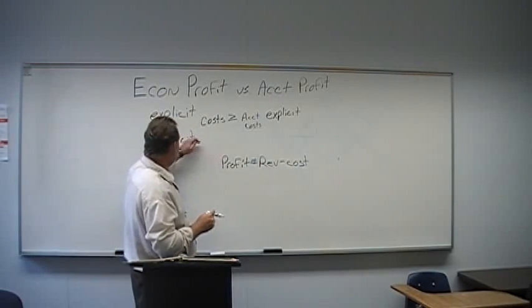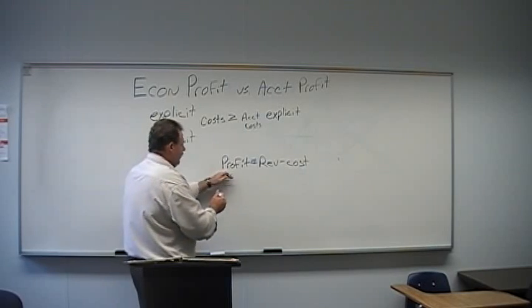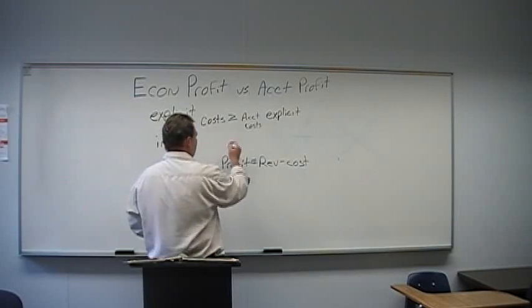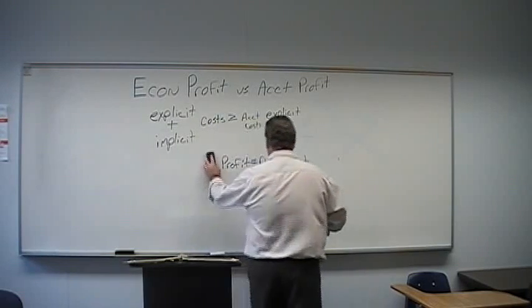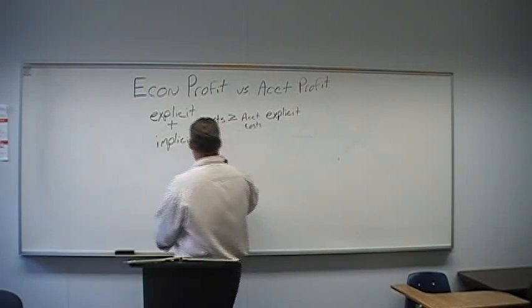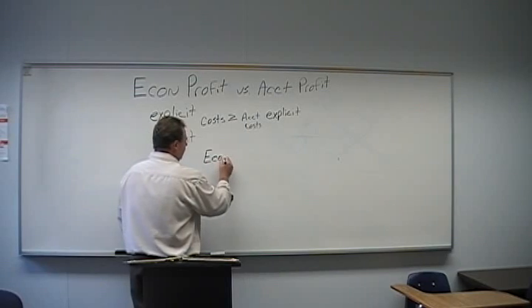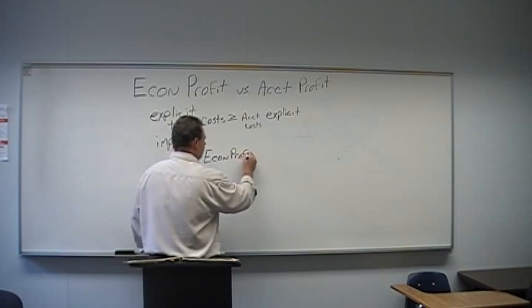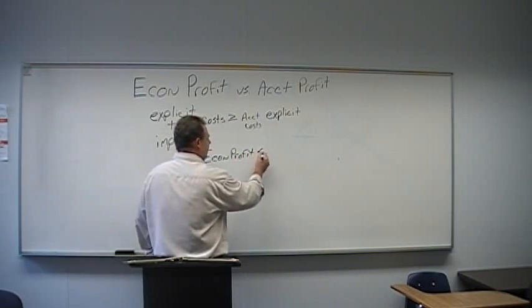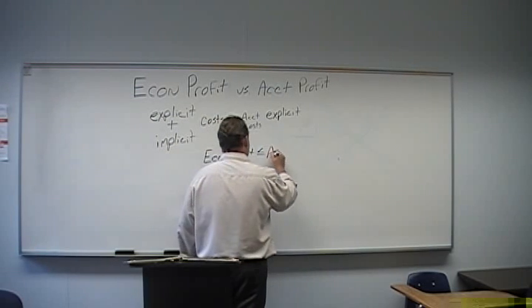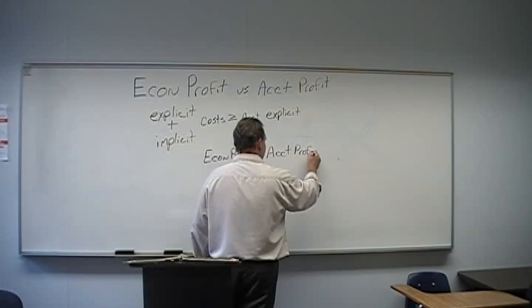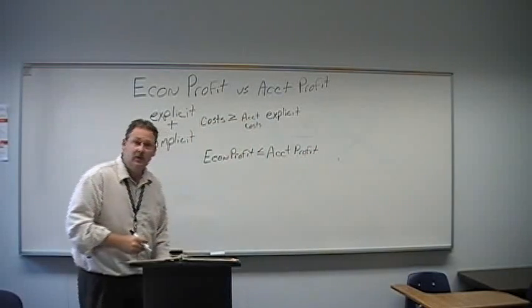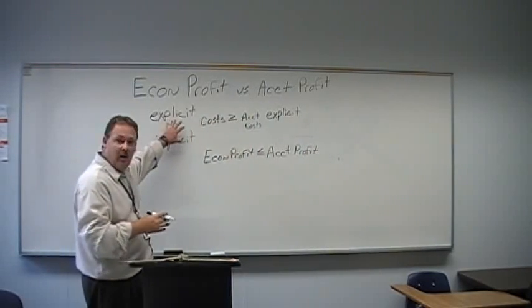If the costs are greater here, the profit will be less. We'll actually have a situation where economic profit is less than or equal to an accounting profit. That's what you'll see. It has to do with the amount of cost that's involved.